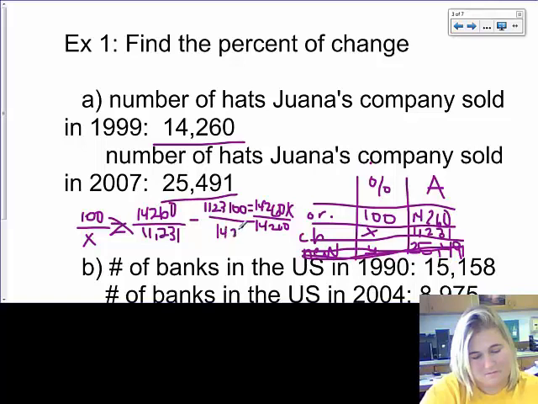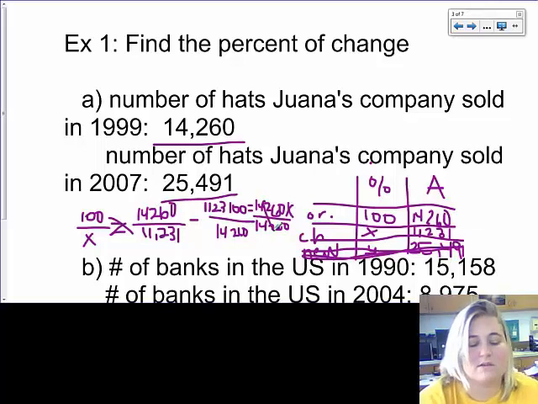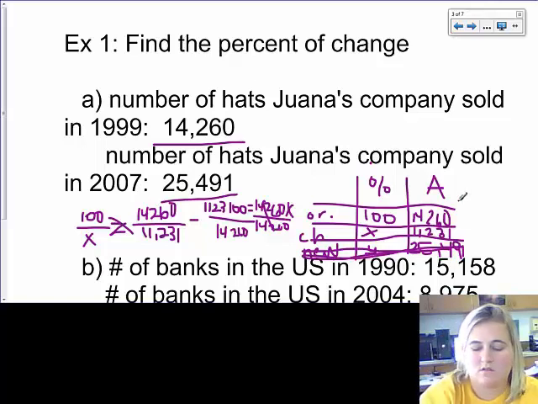This is very frustrating. Which leaves me with X is equal to 78.75%, which we'll just call 79%. Okay.